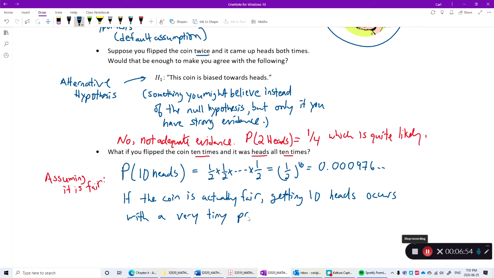It's that number we just wrote. So that means that seeing 10 heads would be seeing a rare event, which should make us reject that assumption. So then, if we observe 10 heads, we have therefore seen a very rare event.